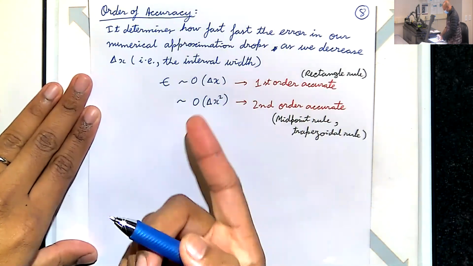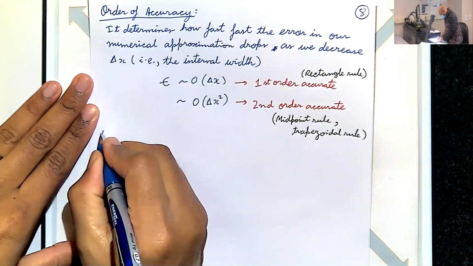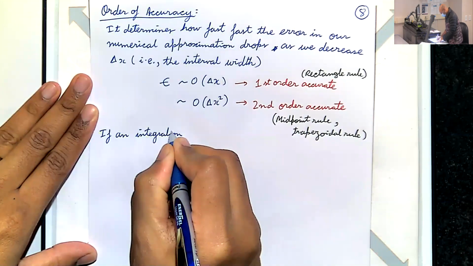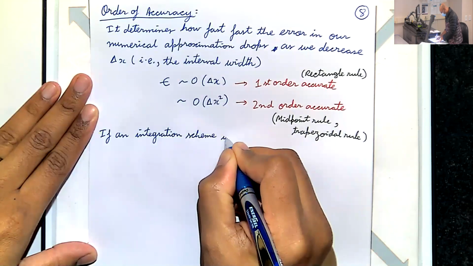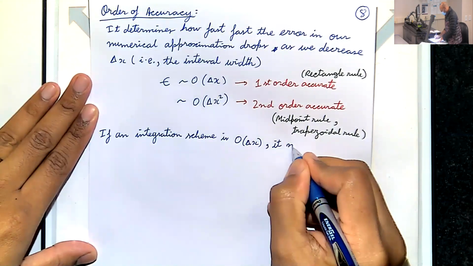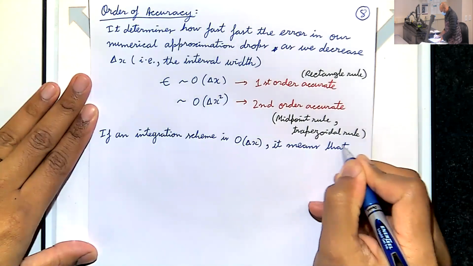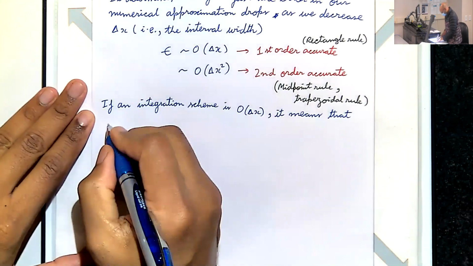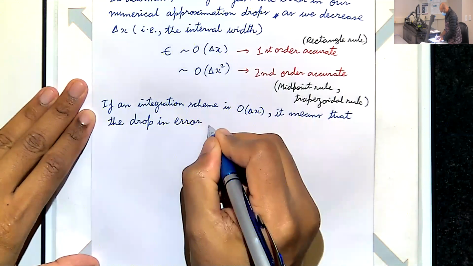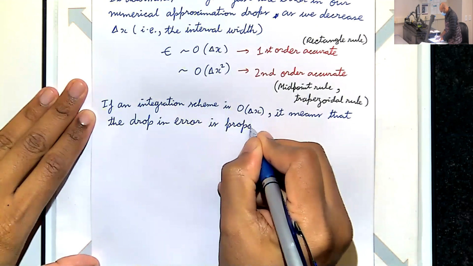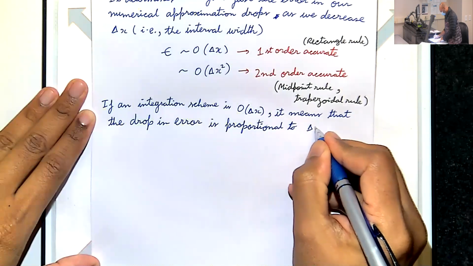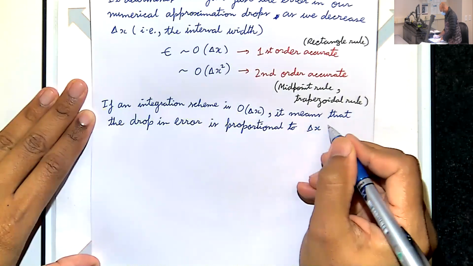It's useful because the first one tells us if an integration scheme is order delta x, it means that the error is proportional to delta x to the power 1.